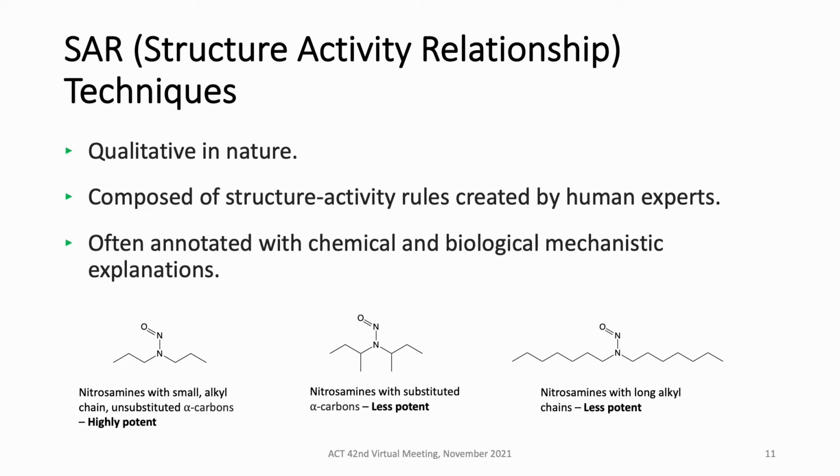Now in this particular slide I have shown that even in the case of nitrosamines we can make very simple rules that show the basic trends in the carcinogenic potency of nitrosamines. For example, if a nitrosamine is flanked with small alkyl chains which are unsubstituted at the alpha carbons, usually these kinds of nitrosamines are highly potent.